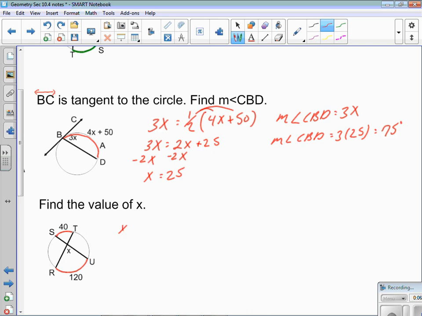So x is going to equal 1/2 of those two arcs added together. So x equals 1/2 of 160, or 80.